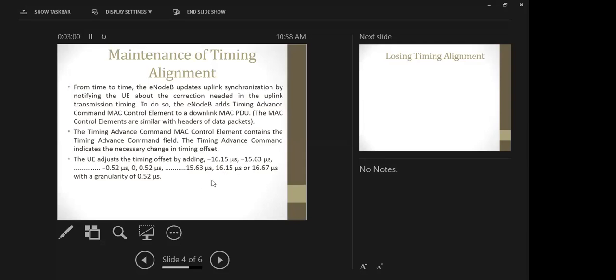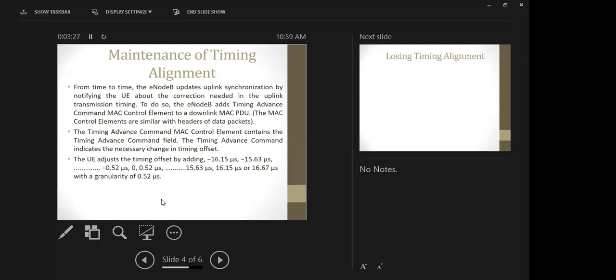The commands have a granularity of 0.52 microsecond. So it can send you, say, this command minus 16.15 or minus 15.63, or just 0.52 microsecond, so many different commands are there. It will send one of them, and you will adjust the timing offset accordingly.